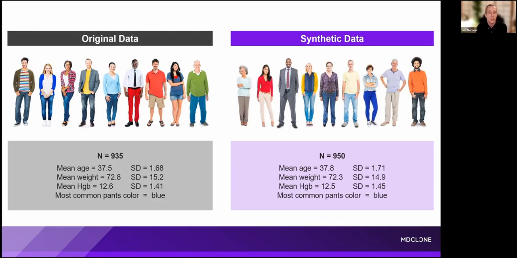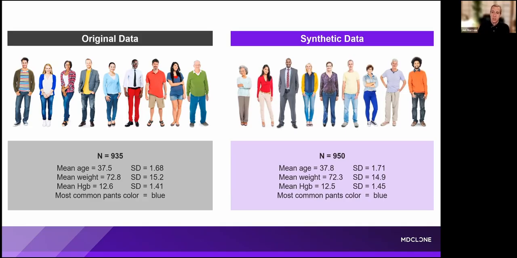Let's say there are 935 individuals with a mean age of 37.5, standard deviation 1.68, and so on. And also, other than these continuous variables of age, weight, and hemoglobin, there are some discrete variables like what color are their pants. You'll see that in this case, the most common pants color is blue.